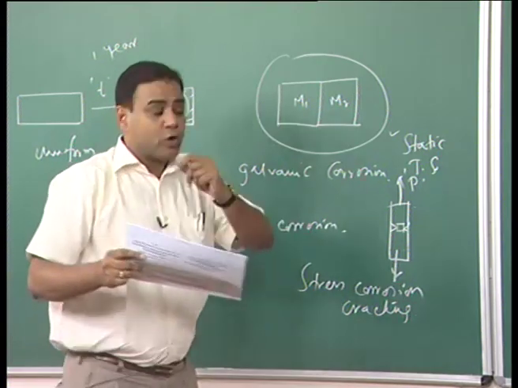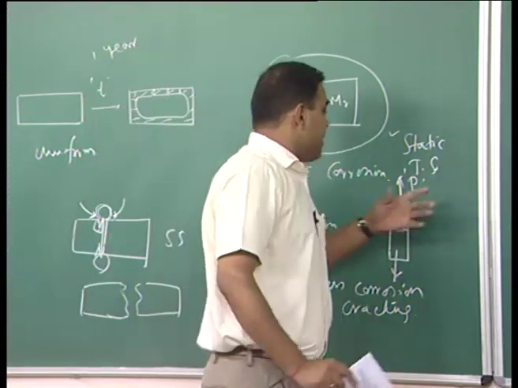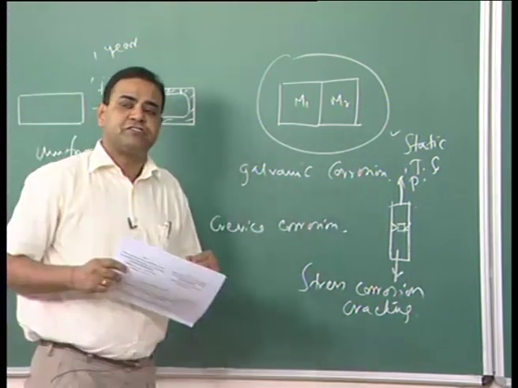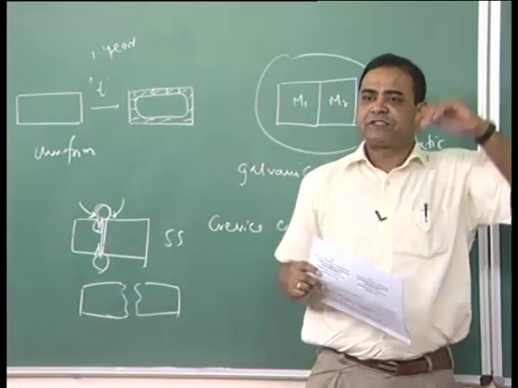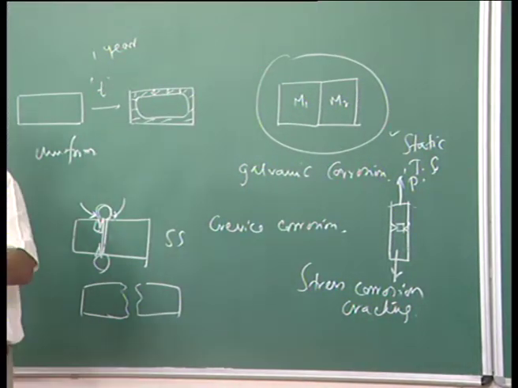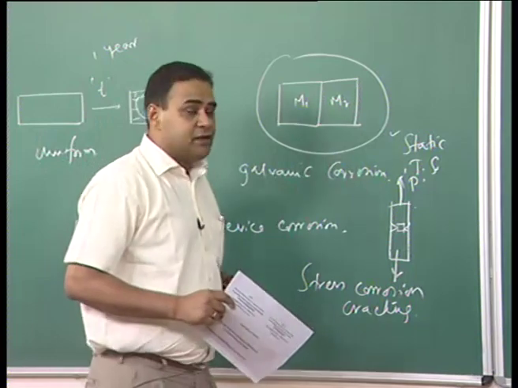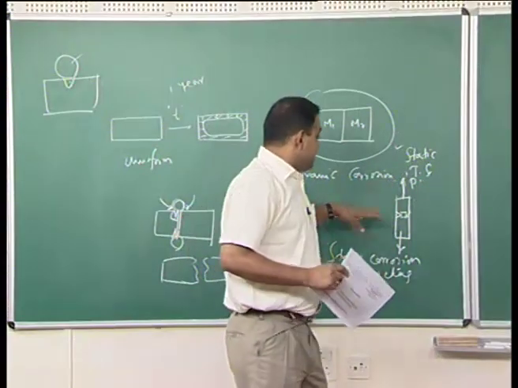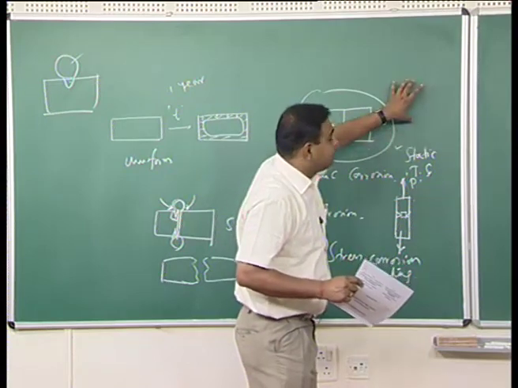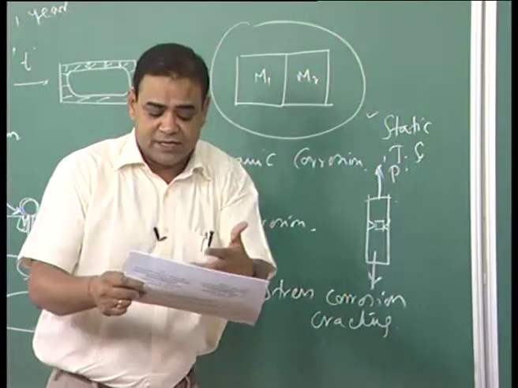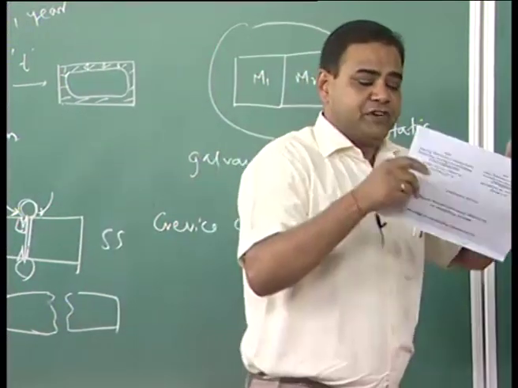Now you can have corrosion fatigue. Let's say on a material you have alternate stress, compressive and tensile, that is, a cyclic stress is given to the material. If that material is also associated with corrosion, then the fatigue factor as well as the corrosion factor can lead to corrosion fatigue, or material failure.